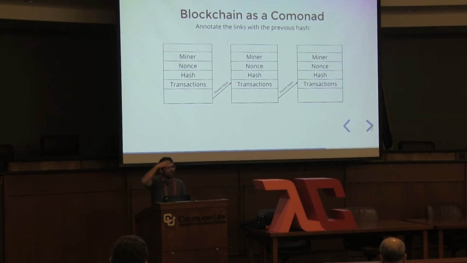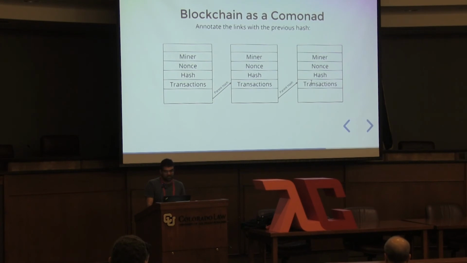And I think a better way of modeling what's actually going on is the link is really a parent hash, the hash of the parent, the previous block in the blockchain. And so we want to basically rip it out of the header and put it on these links.